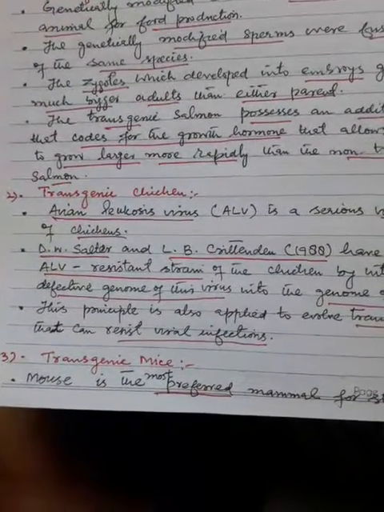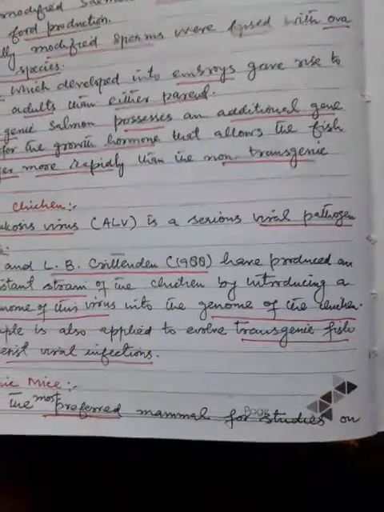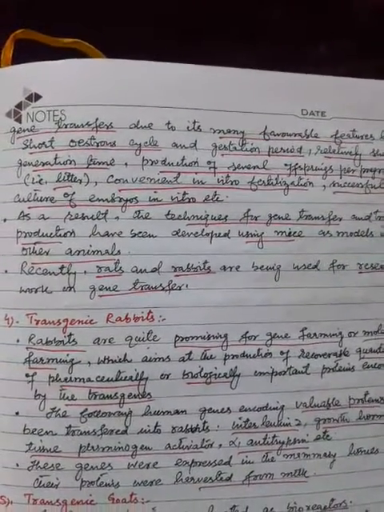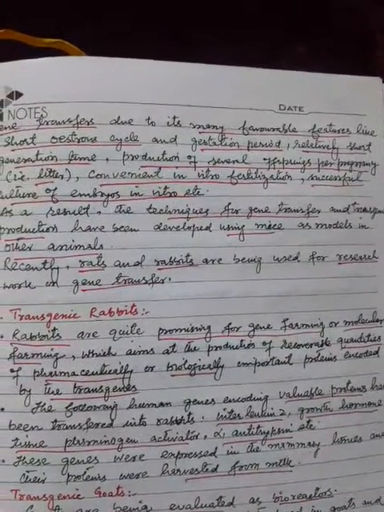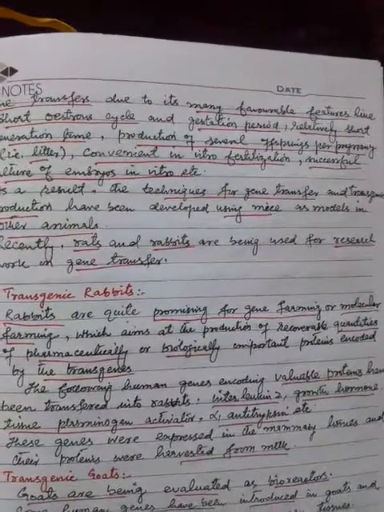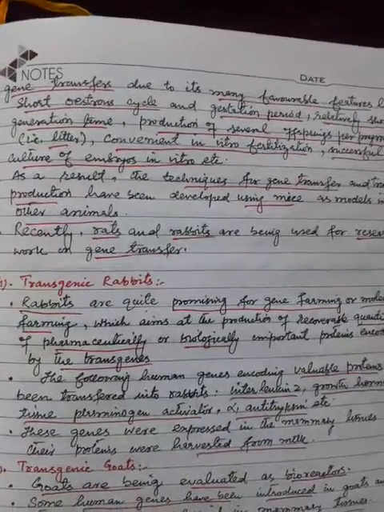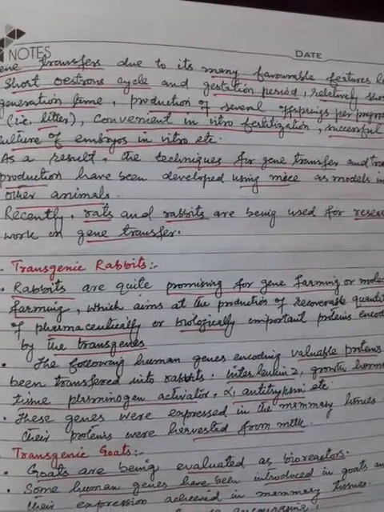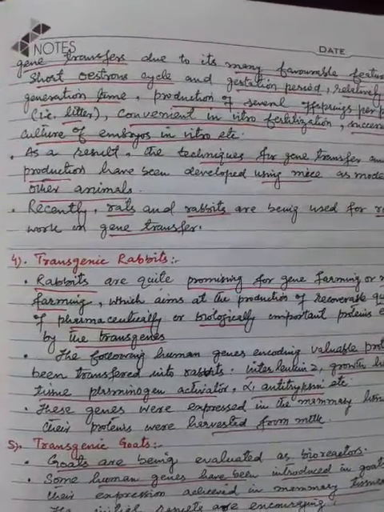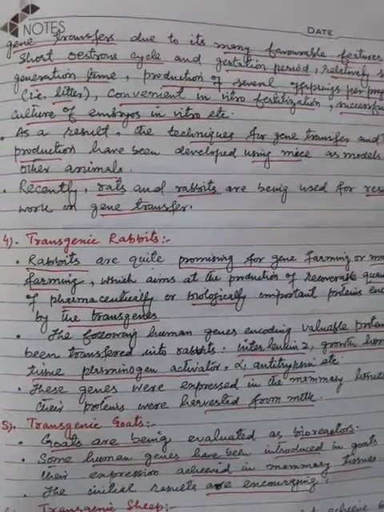Now, transgenic mice. Mouse is the most preferred mammal for studies on gene transfers due to its many favorable features like short oestrus cycle and gestation period, relatively short generation time, production of several offspring per pregnancy, that is litter, convenient in vitro fertilization, successful culture of embryo in vitro, etc. As a result, the techniques for gene transfer and transgenic production have been developed using mice as models in other animals.